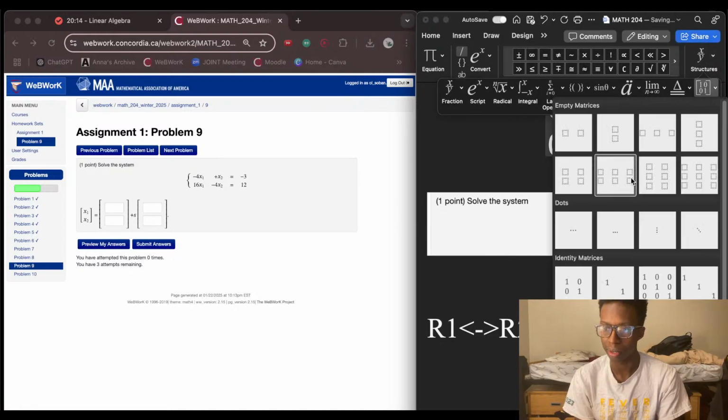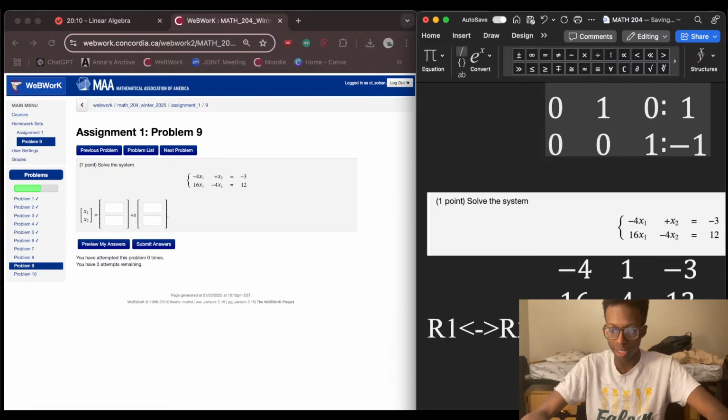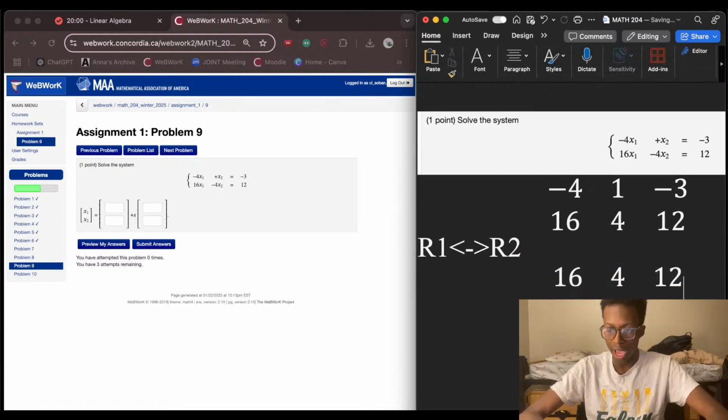Let's go. So let's continue. So 16, 4, 12, and then we'll just subtract that out to make 0, 0, 0. And then what we have here is that, how did that happen?